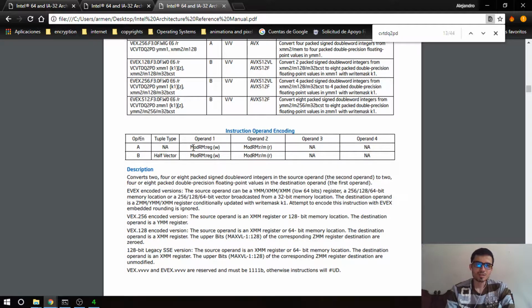Okay. So basically the ModRM basically encodes the operands. Sometimes, I don't know if it's all the time, but since they are registers, there's going to be a mode of the register for the first operand and register or memory for the second operand.